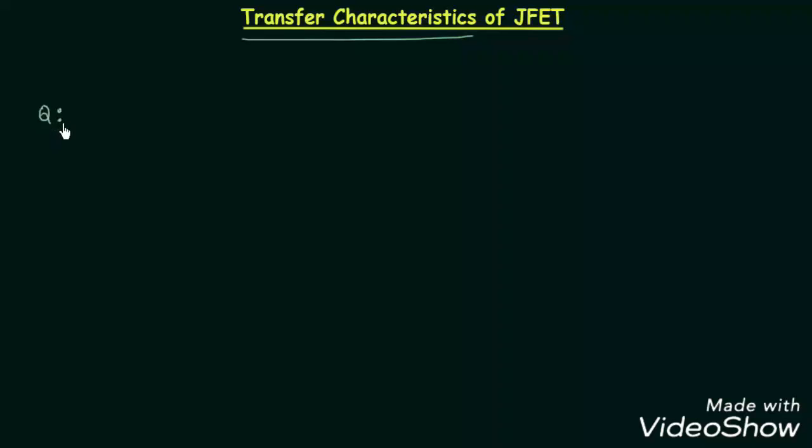Transfer characteristics of junction field effect transistor is ID versus VGS plot keeping VDS constant.